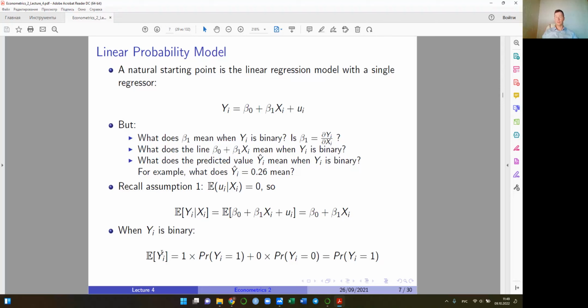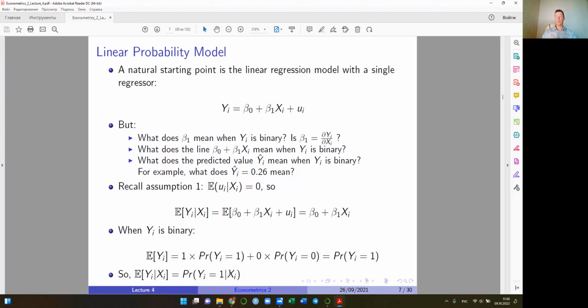Looking at the left hand side expressions, we see that this is a conditional probability, this is an unconditional probability, but in principle we can also state this as a conditional probability, conditional on x. And looking at the right hand side expressions, we can write down the following equation: the conditional expectation of y given x equals the conditional probability that y equals 1 given x.